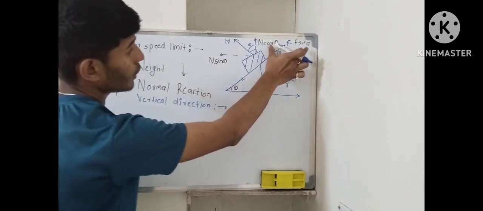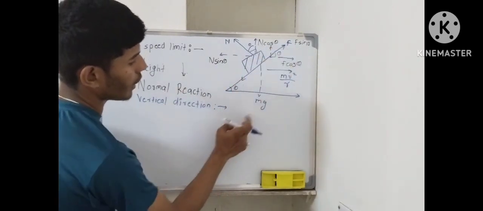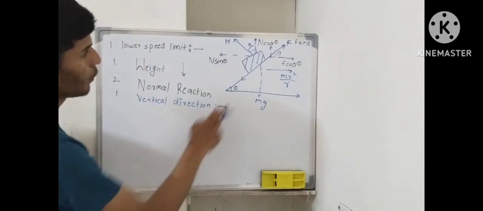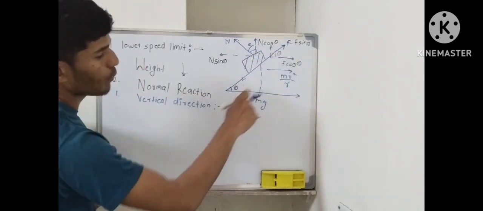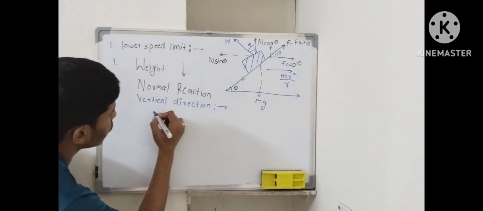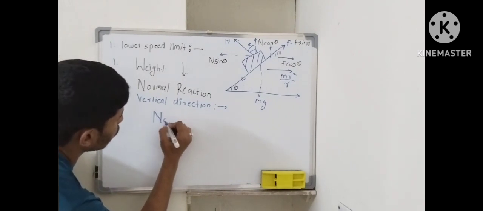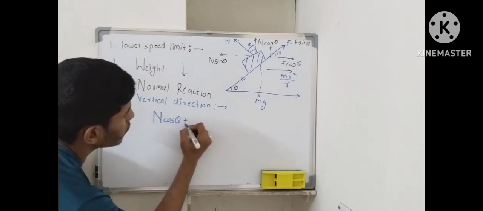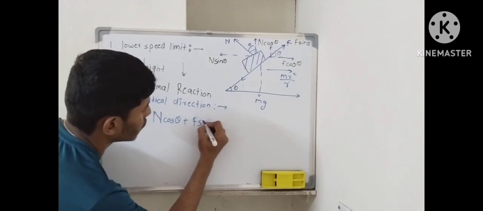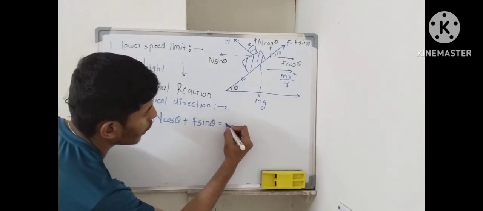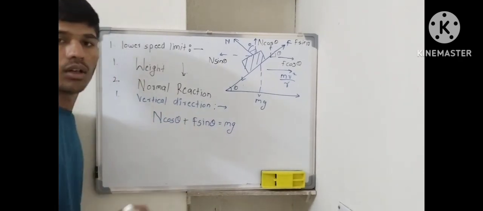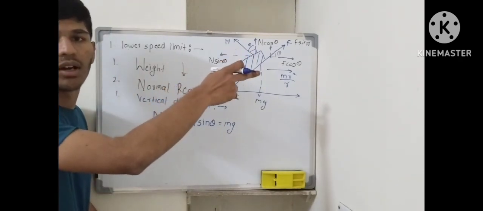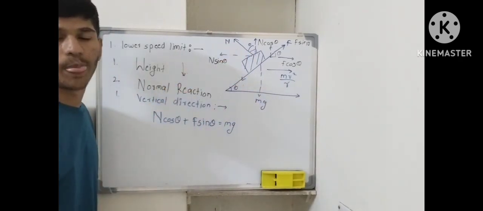So these three forces are n cos theta, f sin theta and mg. Here n cos theta and f sin theta balance mg. So the equation will be: n cos theta plus f sin theta is equal to mg, because n cos theta plus f sin theta is balancing mg.